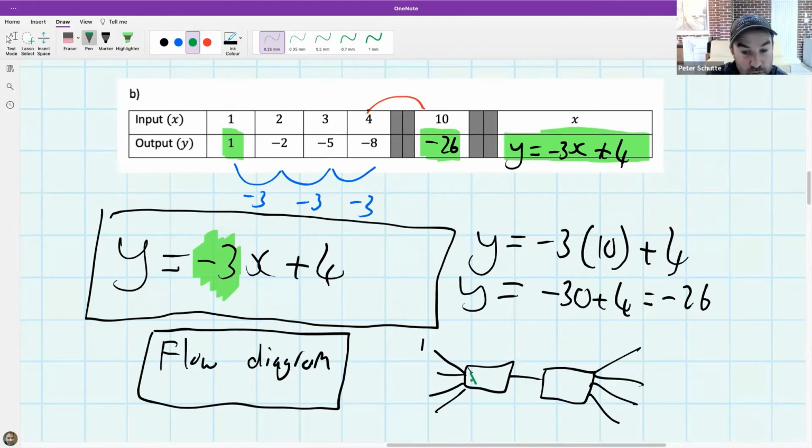But not just -3. What do I have to do with that -3? What's the relationship between -3 and x? You times x by -3. Yeah, so you're multiplying by -3. That's quite important. And then after that, what are you doing? Then you put +4. Perfect.